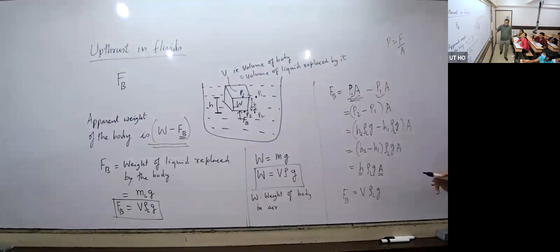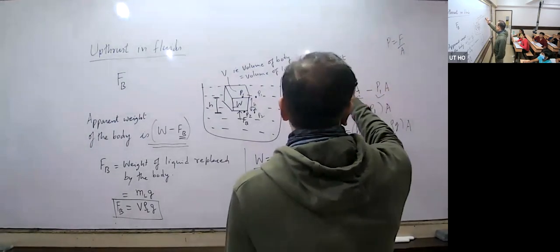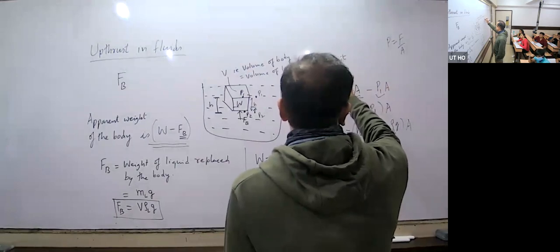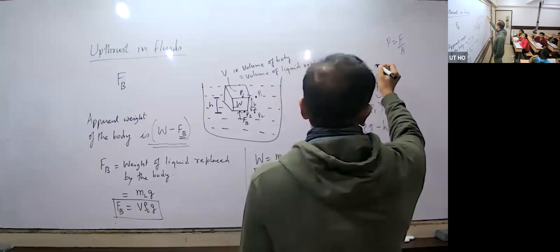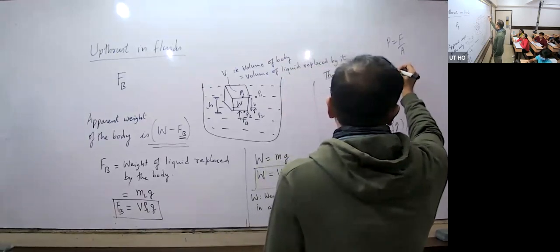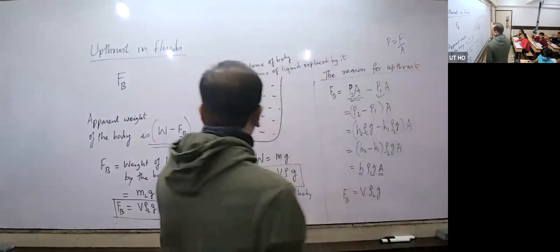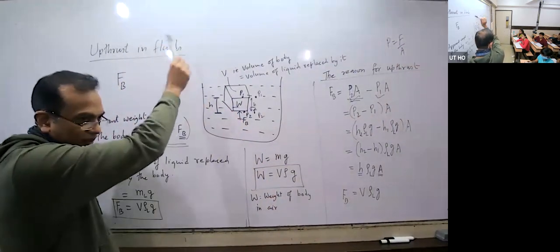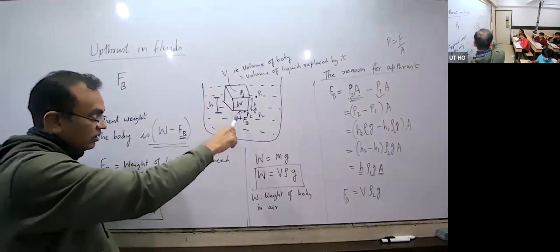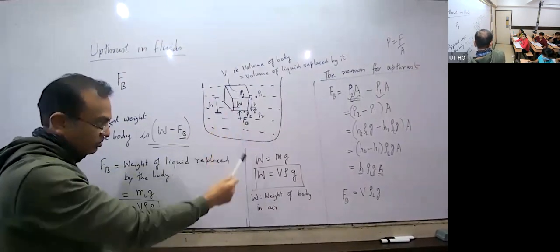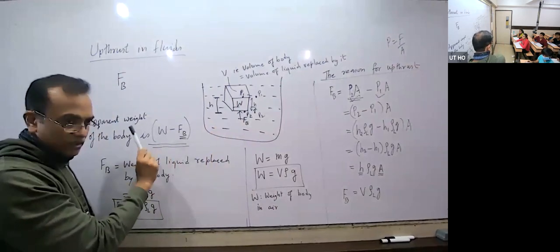Okay, so I was trying to explain the reason for upthrust. First we said we have a body whose weight is W in air. When we put it in water or liquid, it experiences upthrust. So it has a less weight, which is weight in air minus upthrust.